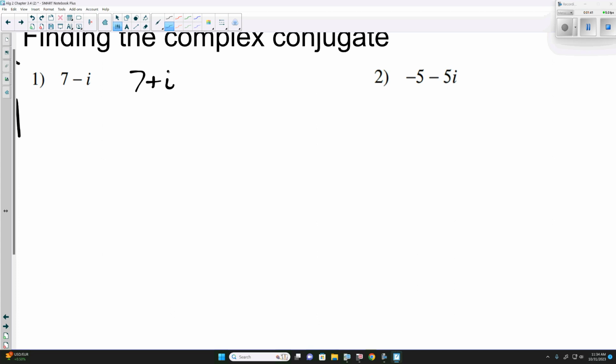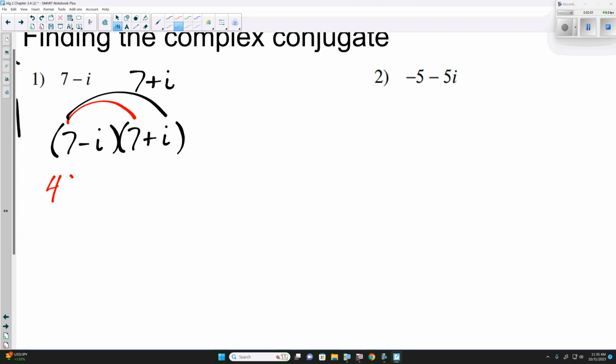Almost. Now what's interesting with complex conjugates is if we take them and multiply them together, something interesting does happen. So if we do 7 plus i times 7 minus i, well, 7 times 7 is 49. 7 times i will be plus 7i.